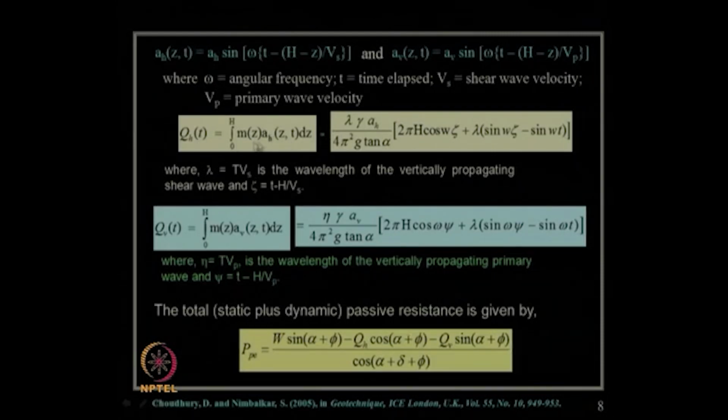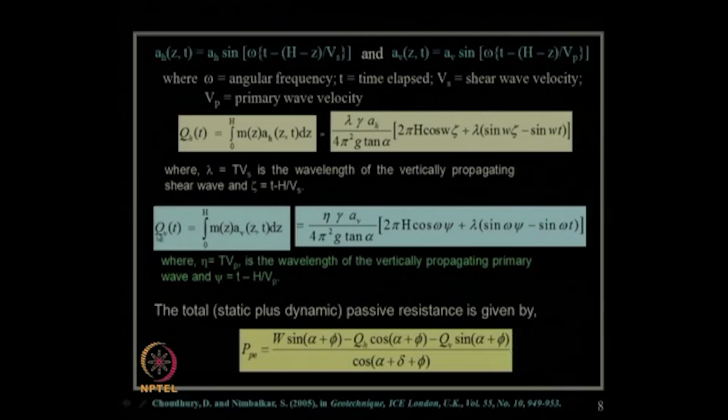If you integrate that over the entire height of the wall, that will give you the total horizontal seismic inertia force, which on simplification can be expressed like this, where lambda is nothing but T times Vs, the wavelength of the vertically propagating shear wave, and this parameter eta is nothing but t minus h by Vs.